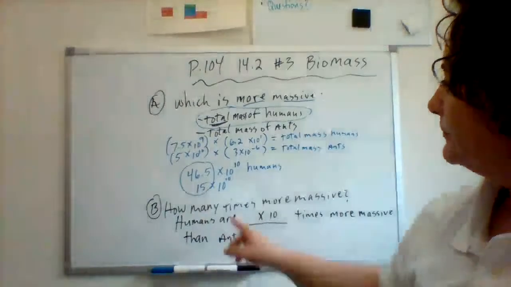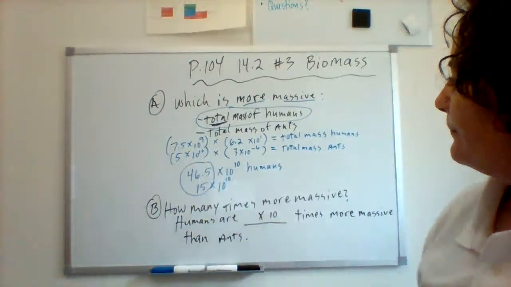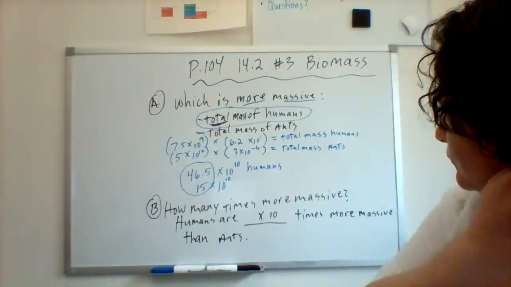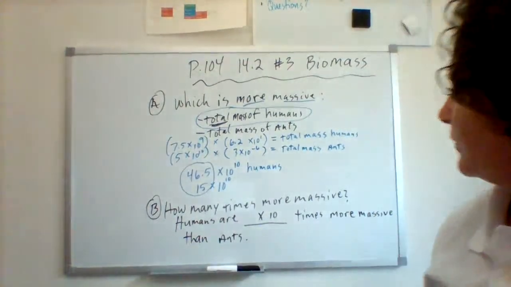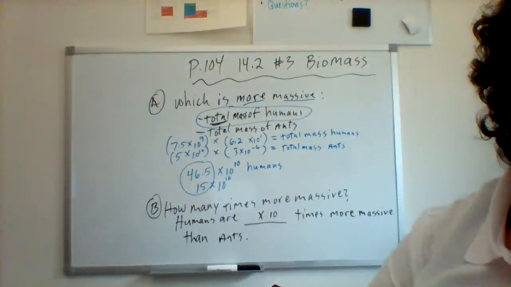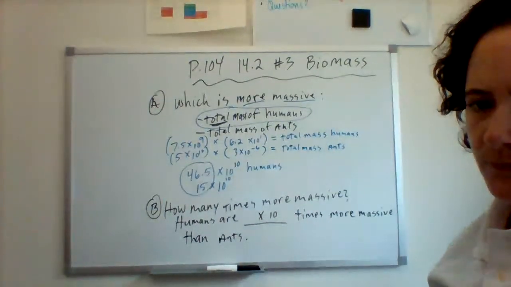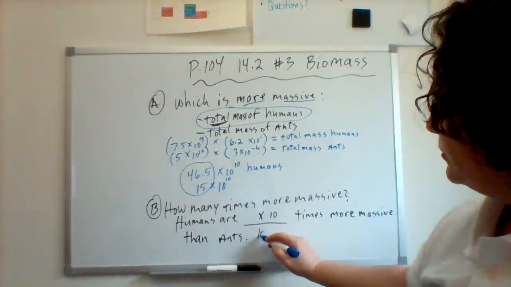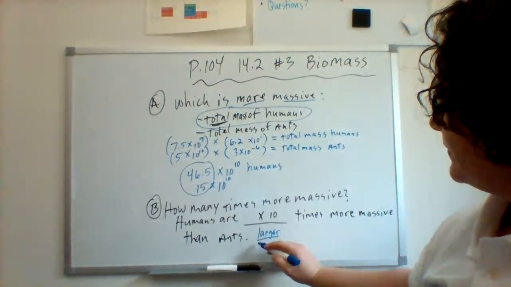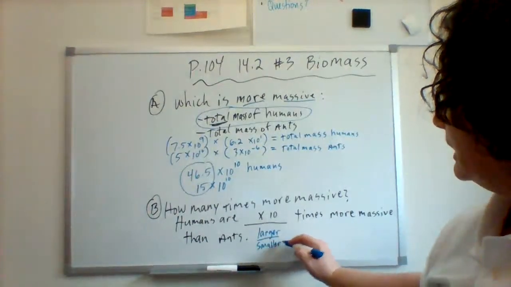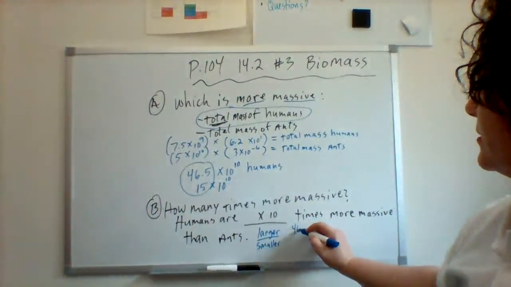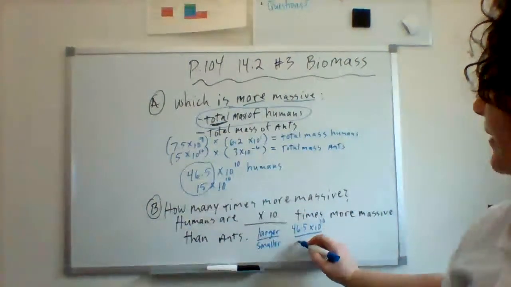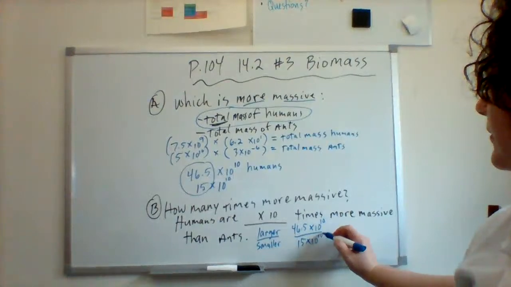Okay, how many times larger? So we're going to do the larger divided by the smaller, which means we're going to do 46.5 times 10 to the 10th, and we're going to divide it by 15 times 10 to the 10th, and what do we get?